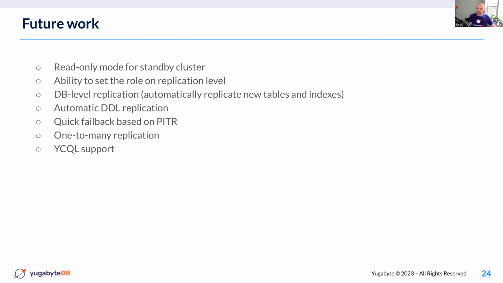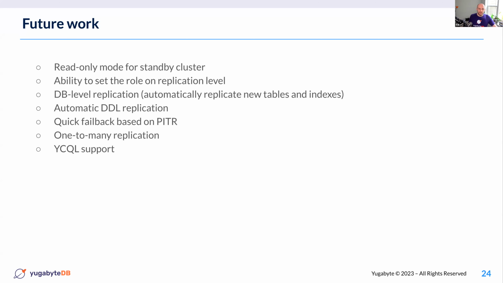Quick failback based on PITR. This is related to unplanned failover. After the unplanned failover, you want to have a standby cluster added to the new active. In the current implementation, you would essentially create your standby from scratch, so you would wipe out the data from the old cluster and reload the data, or you can create a standby from scratch, maybe even in some other region.